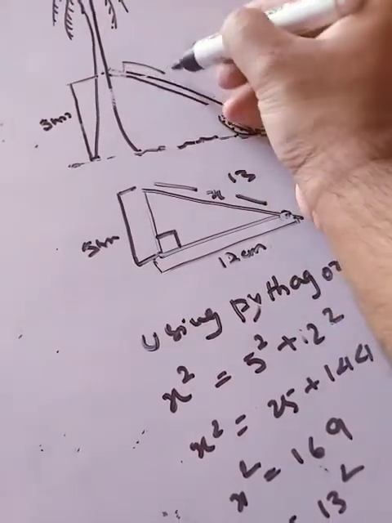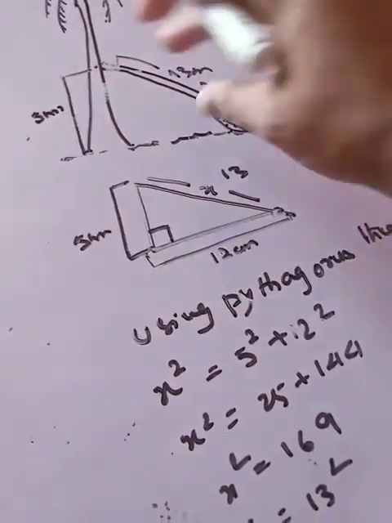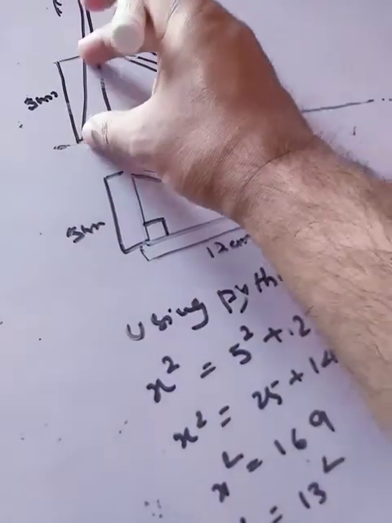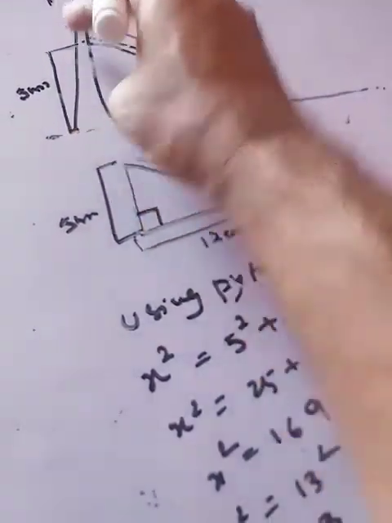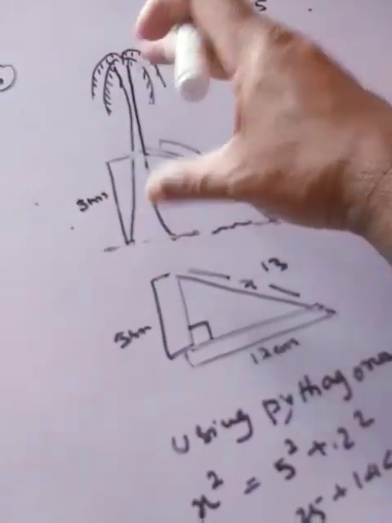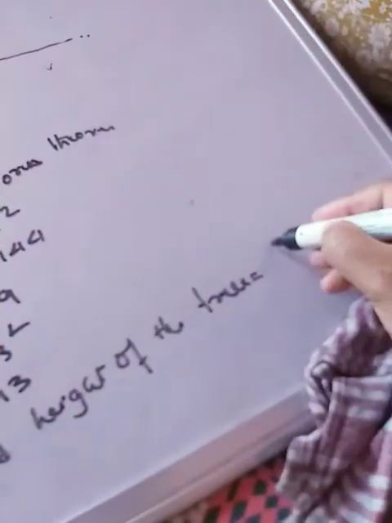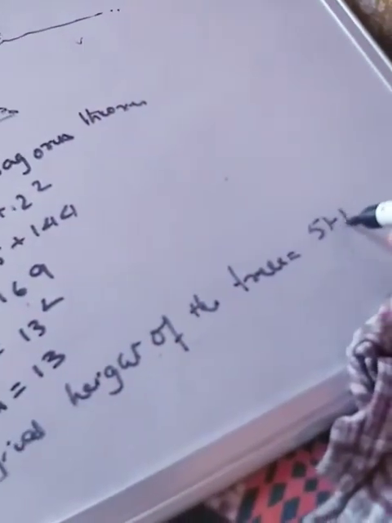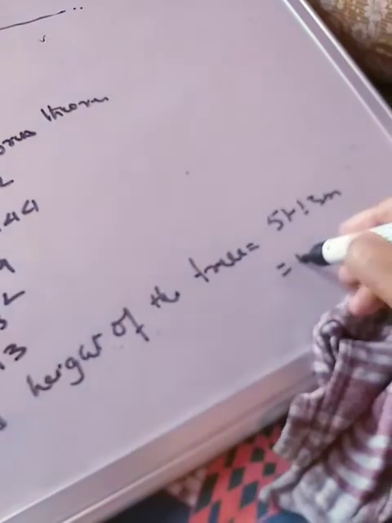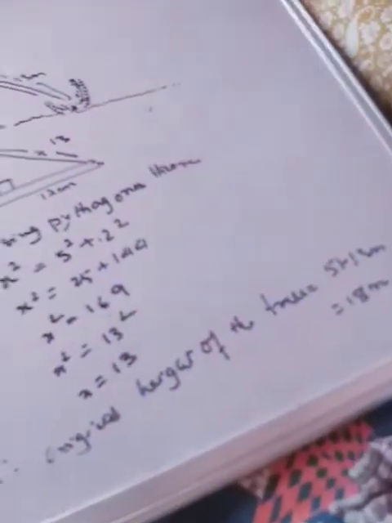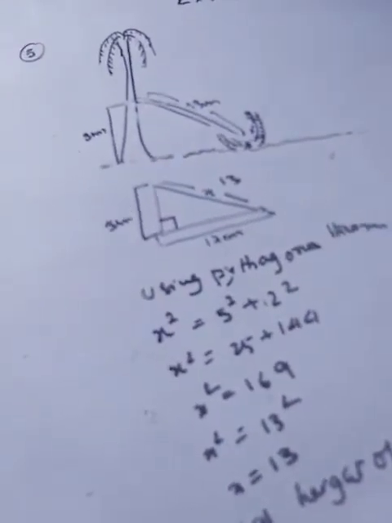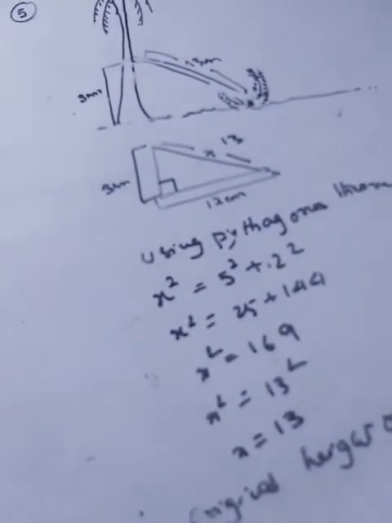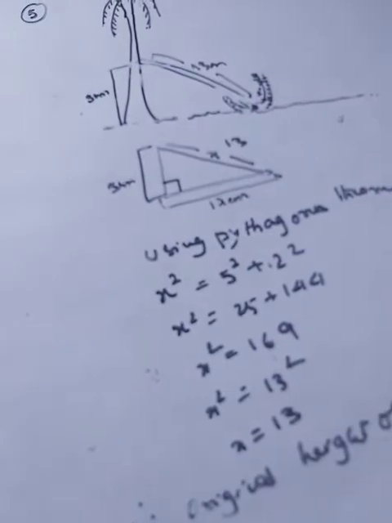This is 13 meter, the rest part of the tree, and 5 meter was already given. If we add these two, we get the total height of the tree. So 5 meter plus 13 meter is 18 meter. So the original height of the tree is 18 meter. Okay, students? Now let's move on to question number 6.